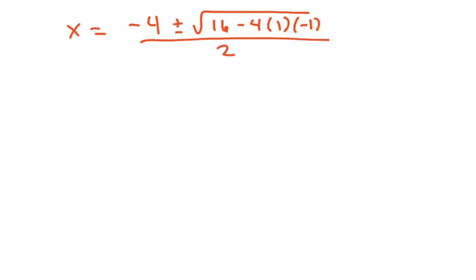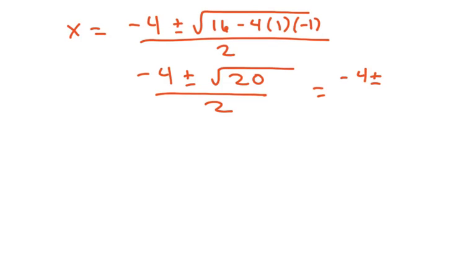So this is going to give you -4 plus or minus the square root of 20 over 2. This is going to reduce to -4 plus or minus 2 square root of 5 over 2, which simplifies to -2 plus or minus square root of 5.